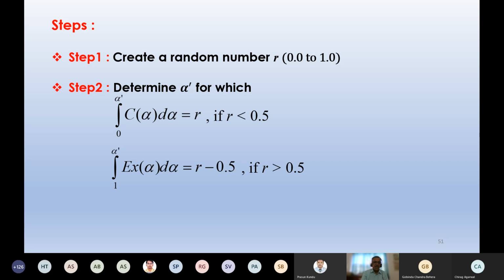In that case, the integration from alpha equals 1 to alpha prime of Ex(alpha) d alpha is equal to R minus 0.5. So this Ex(alpha) represents your expanding crossover zone. I can find the alpha prime corresponding to this where R is greater than 0.5, and definitely I will get an alpha prime which is greater than 1.0. I think it is clear to all of you. I'll take a numerical example and show you. Just wait a little bit.